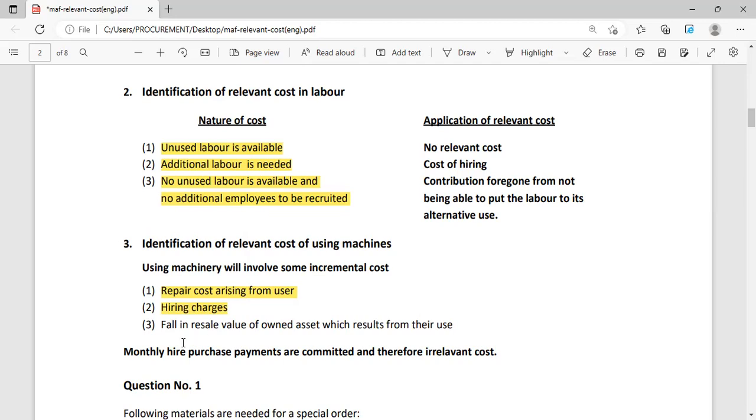Then there is the fall in resale value of own assets which results from their use.